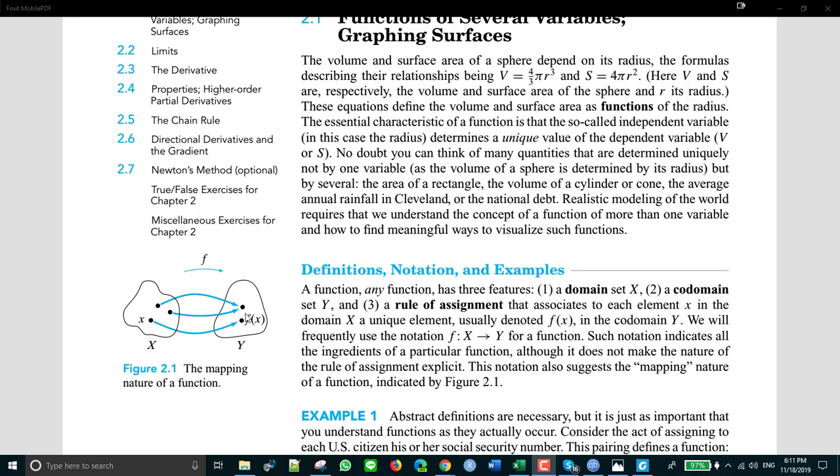So that would be the rule. So the rule takes elements from the input and maps them to elements in the output, or elements from the domain and maps them to elements in the codomain.